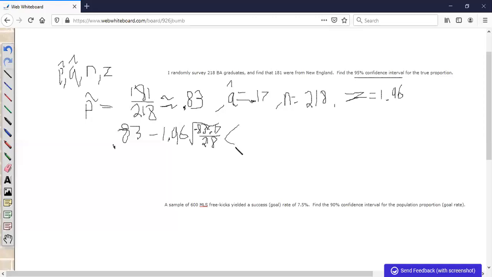And this is going to be less than p, less than our population proportion. This is the low end of our interval.